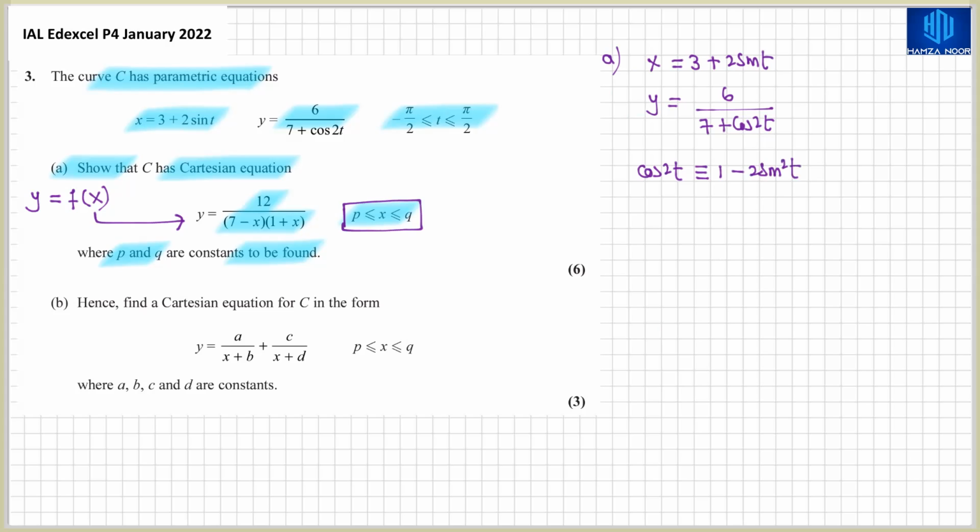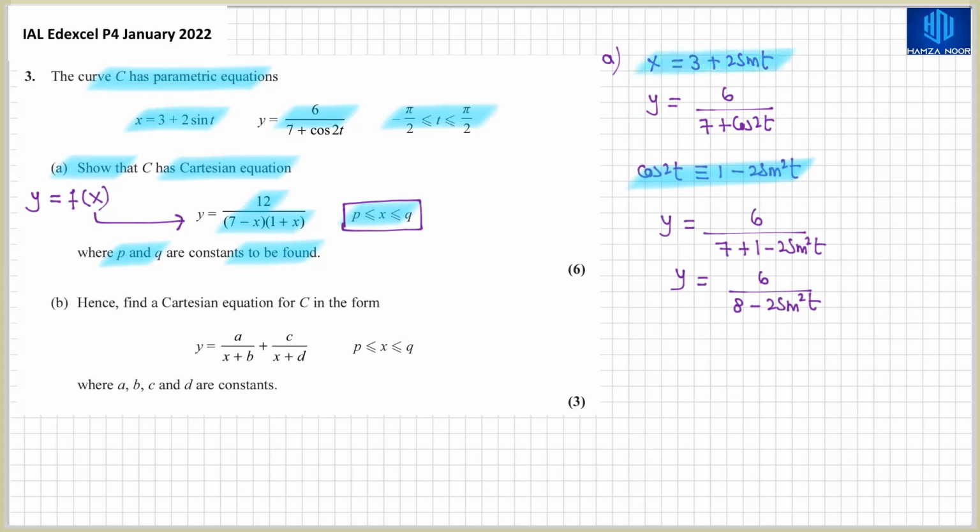So in place of cos 2t, I'm going to write 1 minus 2 sine squared t. So y is equal to 6 divided by 7 plus 1 minus 2 sine squared t. Therefore we have y is equal to 6 divided by 8 minus 2 sine squared t. All right, so far we have achieved this.